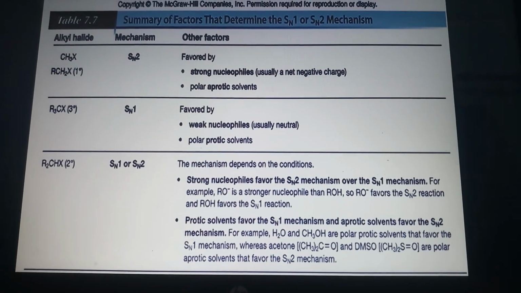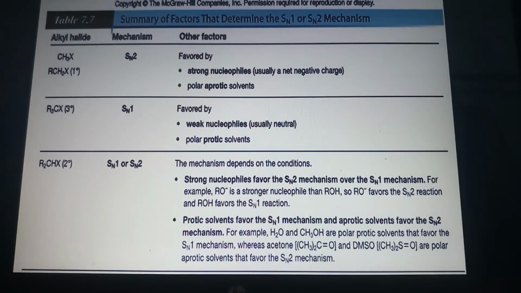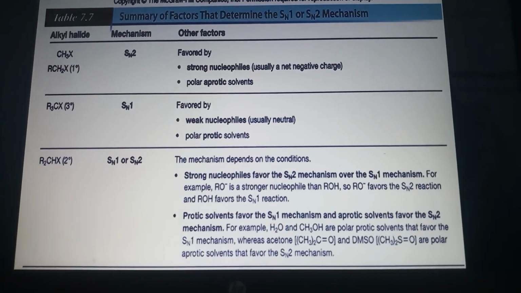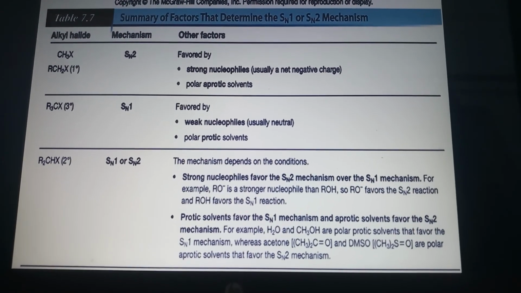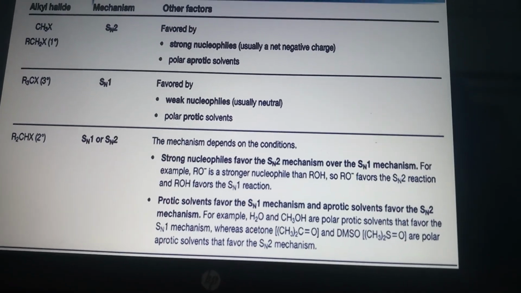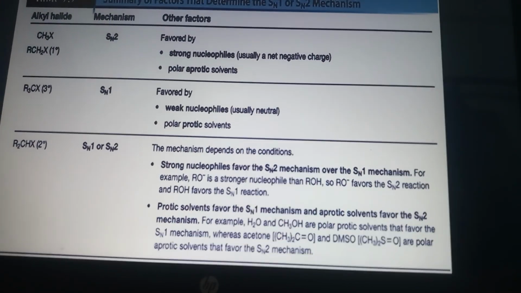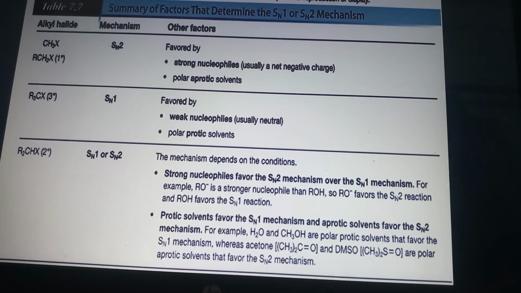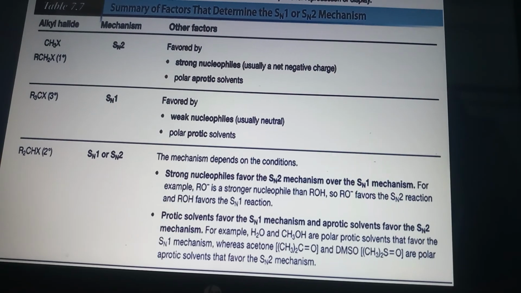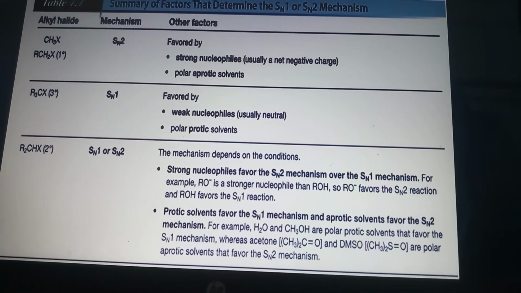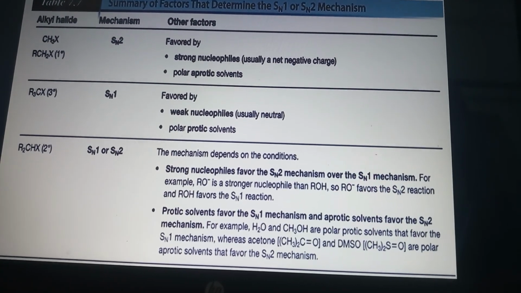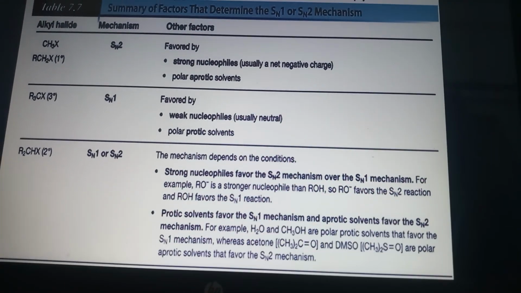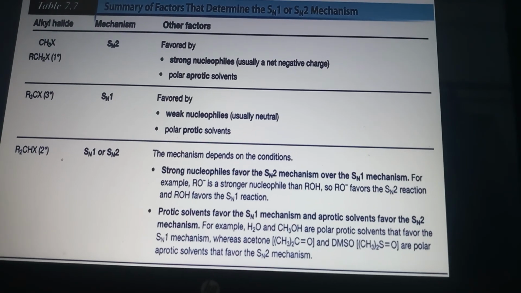If the alkyl halide is secondary, then there are possibilities of both SN1 or SN2, and the mechanism depends on the conditions. Strong nucleophiles favor the SN2 mechanism over the SN1 mechanism. For example, alkoxide anion is a stronger nucleophile than alcohol, so RO- favors the SN2 reaction and ROH favors the SN1 mechanism.